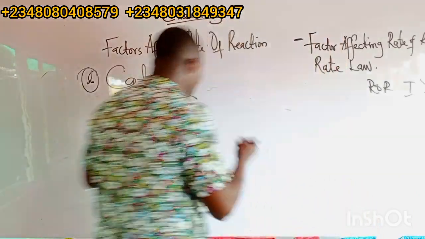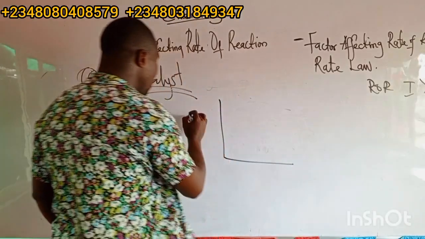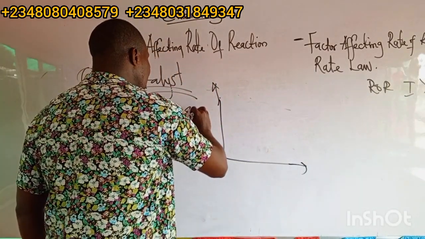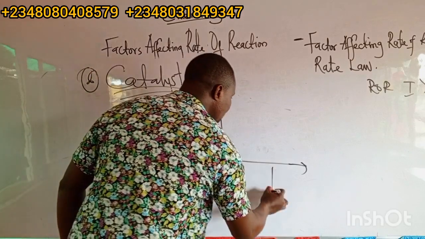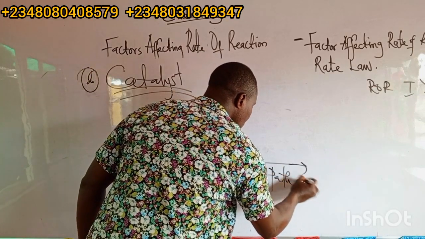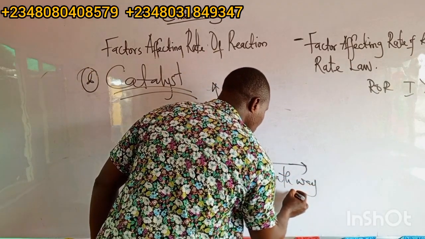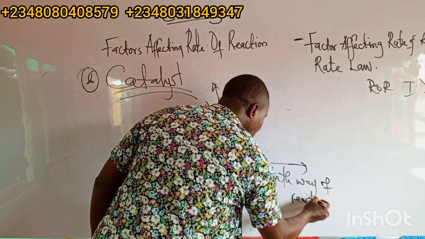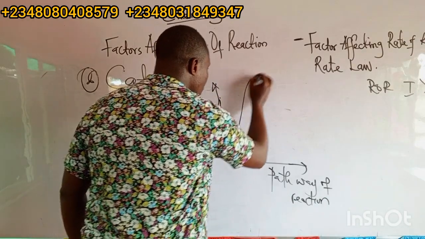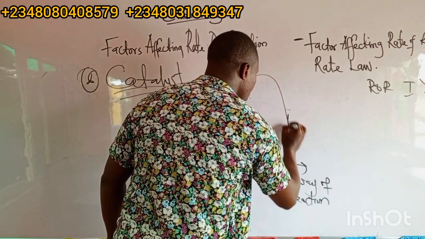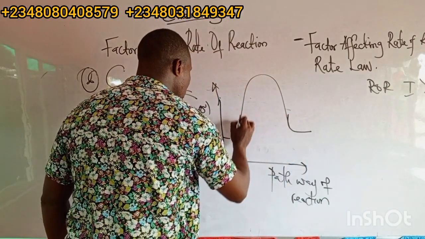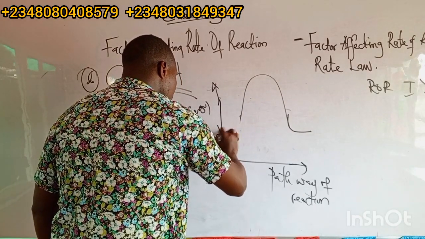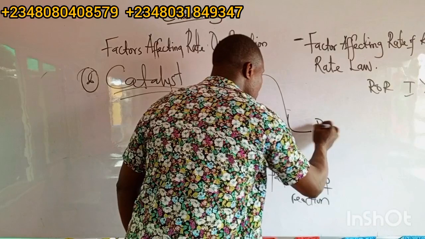For example, when you have this, this is energy, this is the pathway of reaction, and you have this. This is the reactant. This is the product.